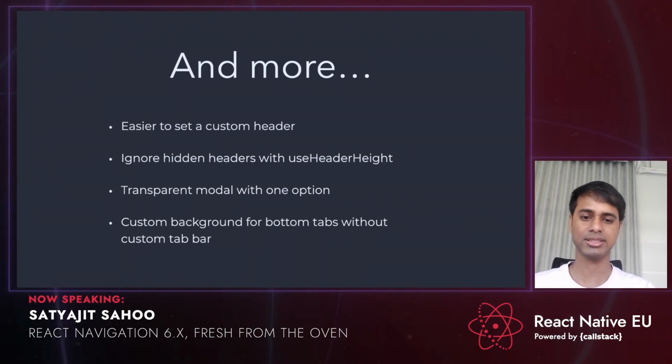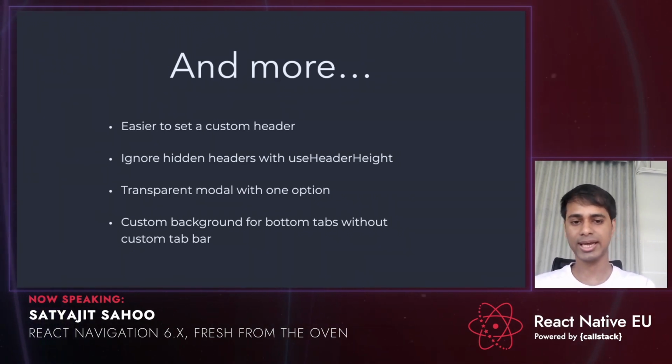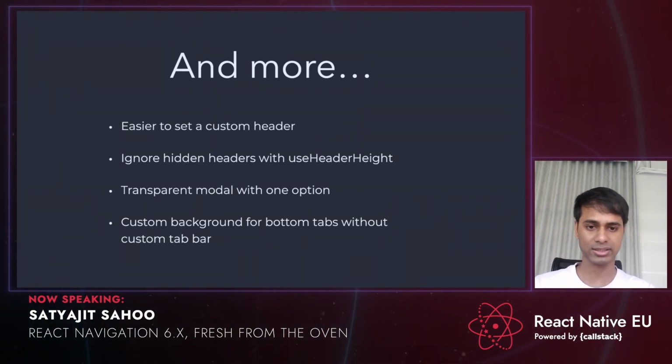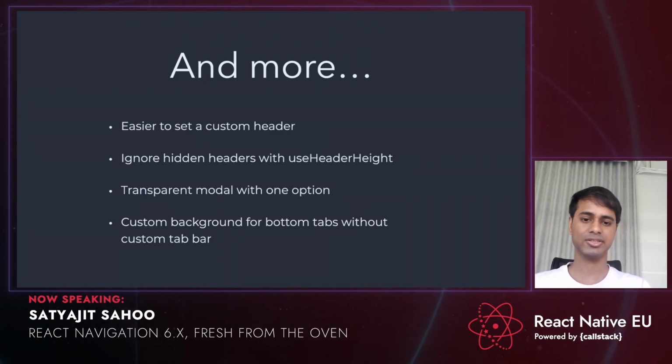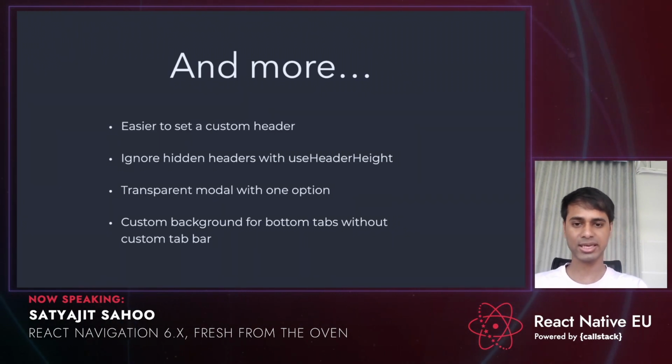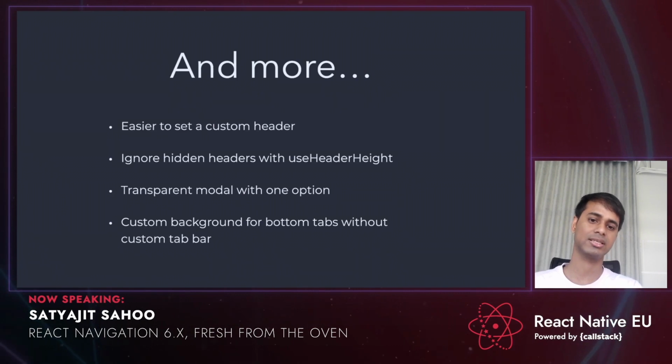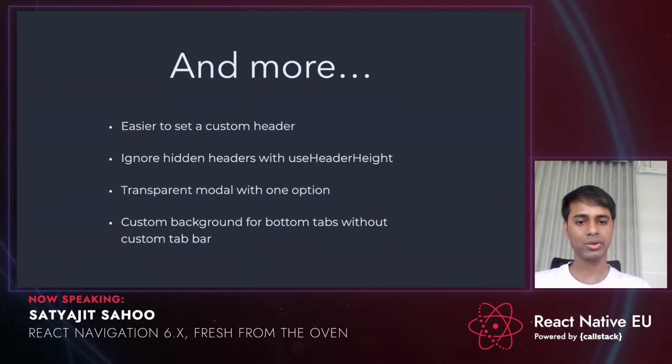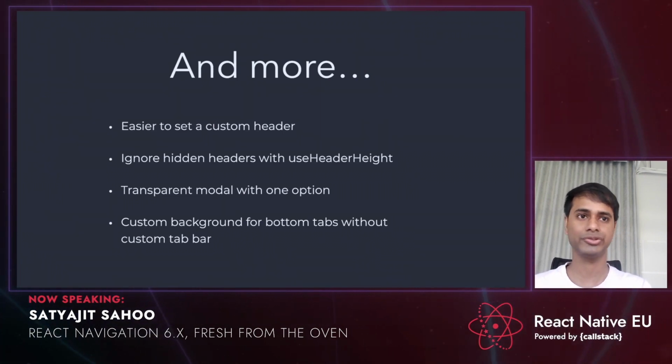Another small thing is that when you used useHeaderHeight, it would return 0 if you had a hidden header. So in React Navigation 6, if you have it inside a nested stack, and the parent stack has a header shown and the nested stack has headerShown false, now useHeaderHeight will return the height of the parent header, which is more useful.